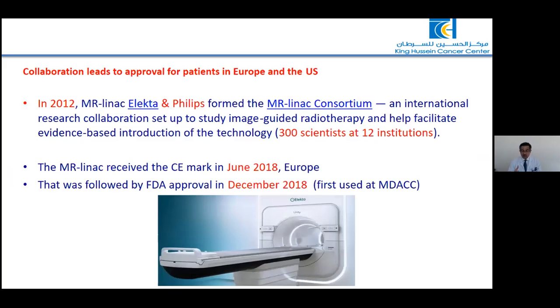They came up with an MR-based linear accelerator, which was approved in Europe in June 2018, and in the USA in December 2018, the same year. The first use was at MD Anderson Cancer Center, because MD Anderson was one of the sites in 2012 that tried to develop this technology. That's why it was first used there.